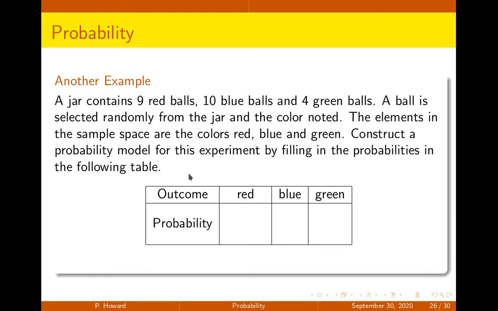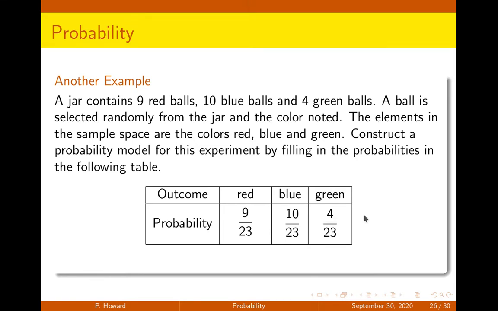So the probability of getting a red ball is 9/23. 10 of the 23 balls are blue. Getting a blue ball has probability 10/23, and 4 of the 23 possible outcomes are green balls, so a green ball has probability 4/23.